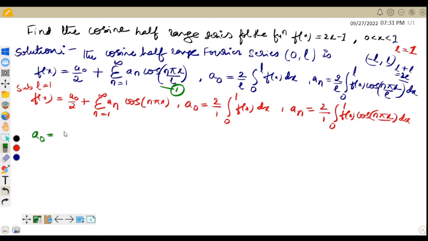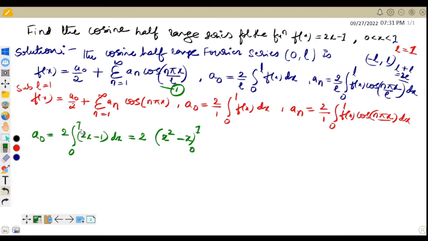a naught equals 2 times the integral from 0 to 1. Observe the value of f of x: f of x is 2x minus 1, dx. Let us integrate this. Integration of 2x is 2 into x square by 2, the 2 and 2 get cancelled, minus integration of 1 is x, between the interval 0 to 1.